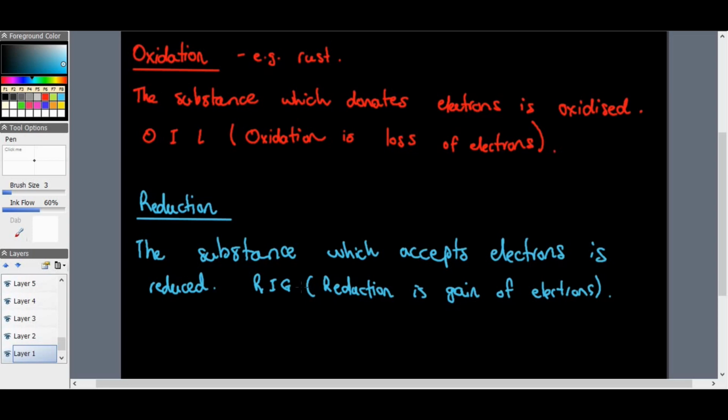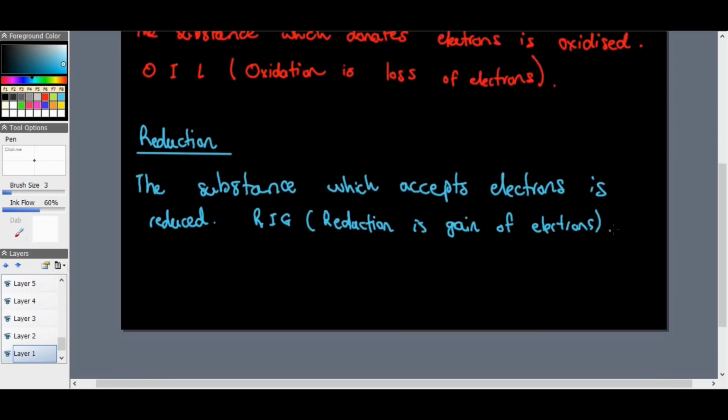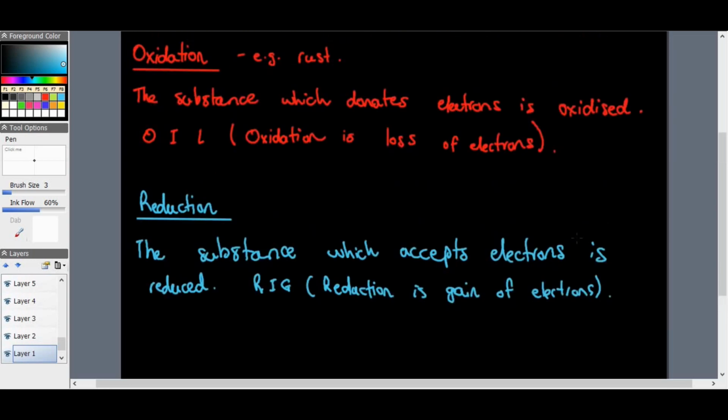Now the oxidation reduction process can be represented by half reactions. So we'll leave this up for a little bit for the students to take down, and then we will move over to the next slide.